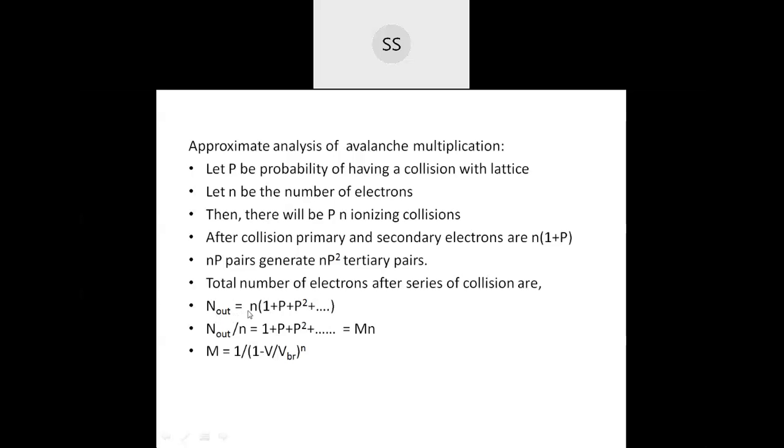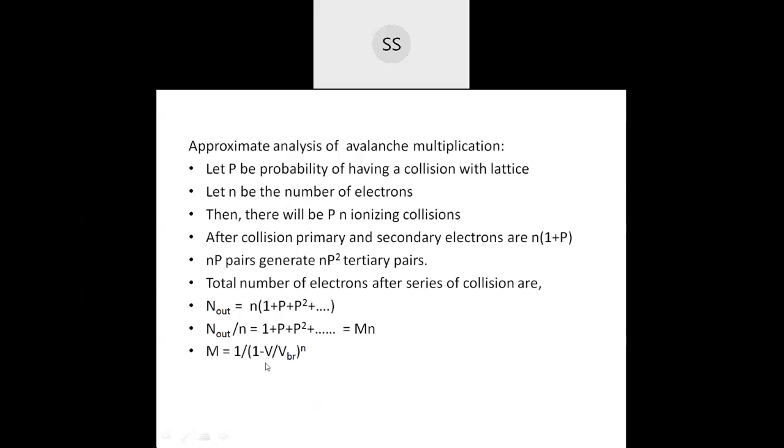So N out is equal to N into (1 plus P plus P squared plus), and it continues. If you take the ratio, N out by N is equal to 1 plus P plus P squared plus, a series, which is indicated as M n, where M n represents electron multiplication.